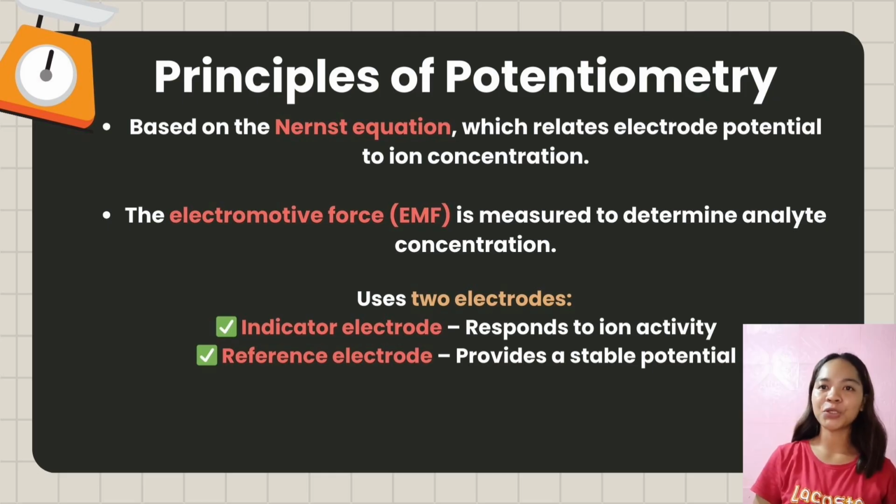Potentiometry is an electrochemical technique that measures the electrical potential or voltage of a solution using specially designed electrodes. This potential difference arises due to ion activity in the solution, allowing scientists to determine concentrations of specific ions, particularly pH levels, without altering the sample.